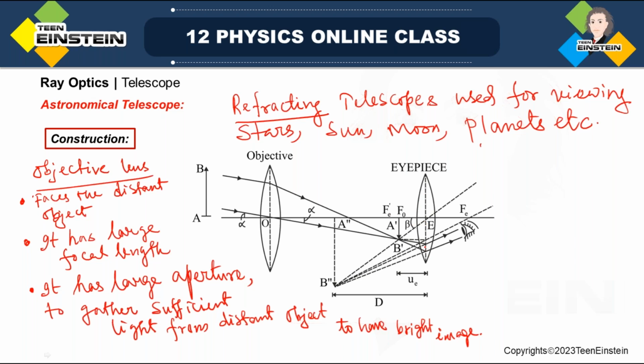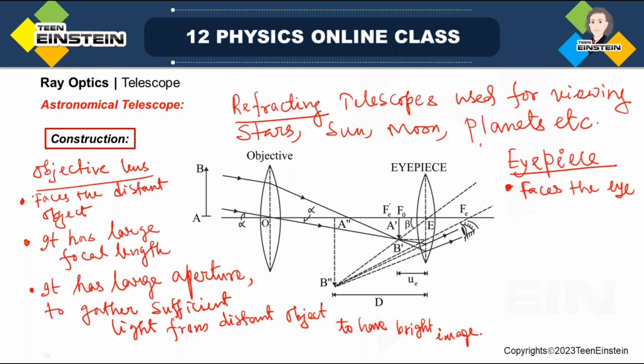So the eyepiece faces the eye. That means we see through this eyepiece.